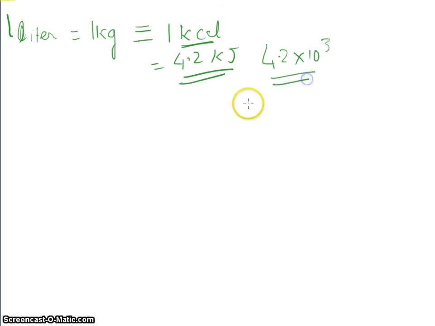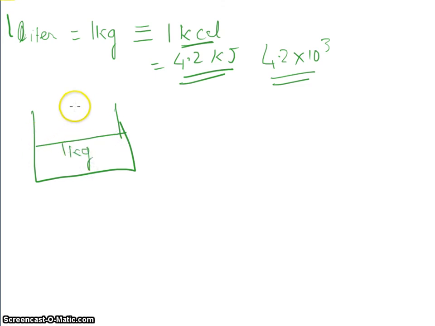All right. So let's assume that I have again a beaker of water, and I'm heating it. This is 1 kg water. I want to increase the temperature from 10 degrees Celsius to 60 degrees Celsius. I know that for 1 degree Celsius, for 1 kg, I have to give energy of 4.2 kilojoules.